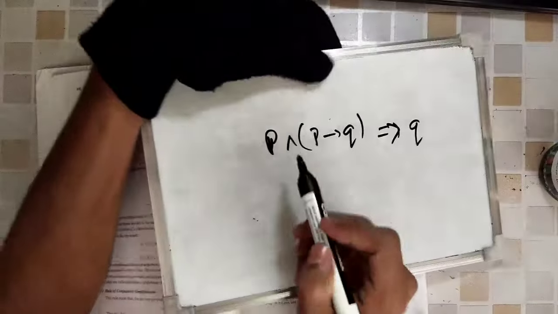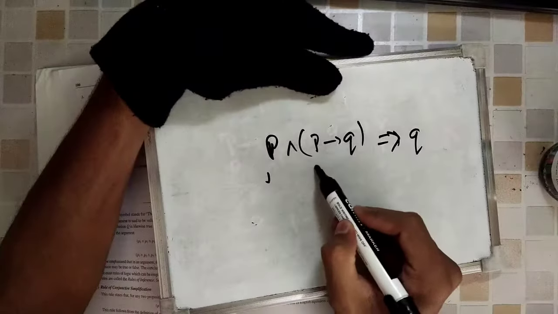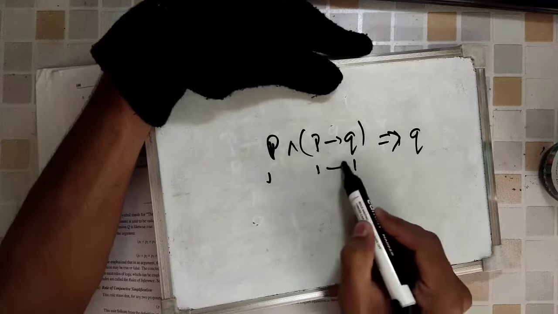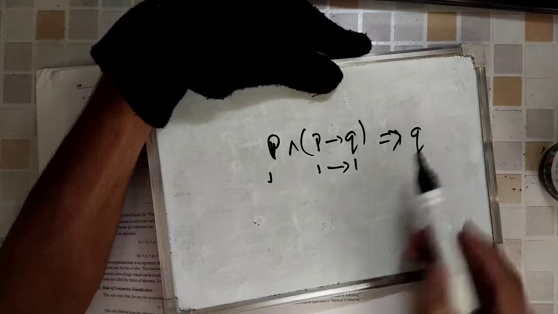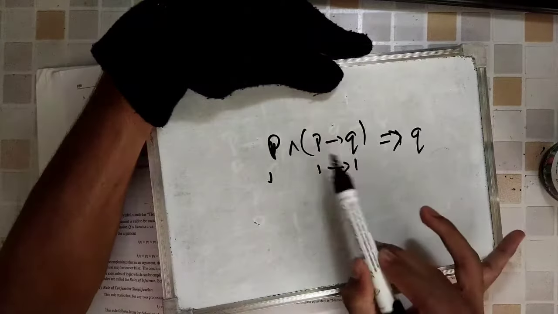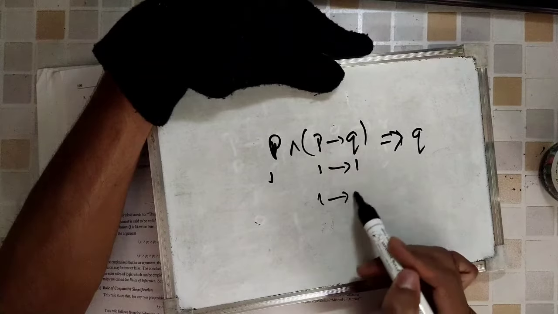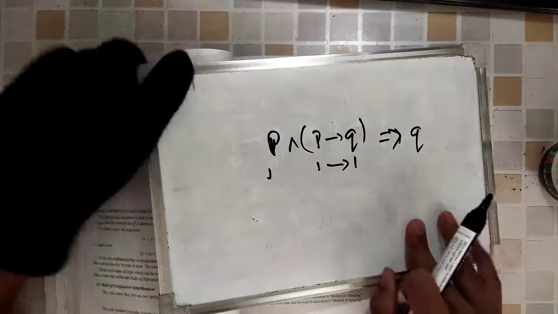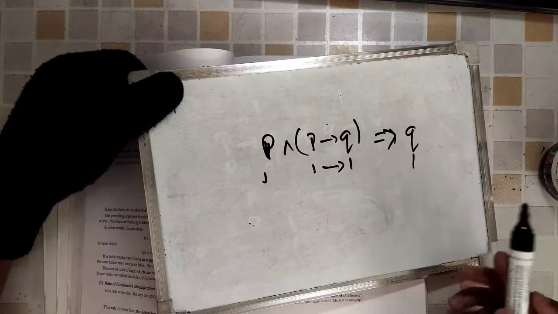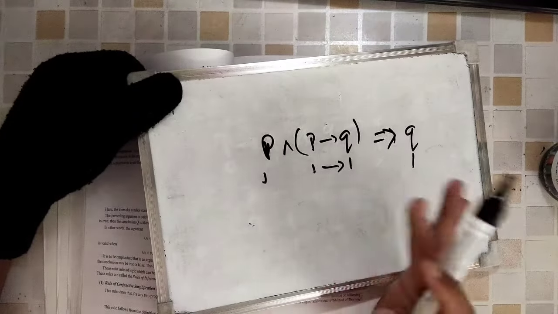Suppose P is 1, then 1 implies Q. When will P implies Q be true? 1 implies 1 will be true, while 1 implies 0 is false, so Q cannot be 0, right? Therefore Q is also 1.